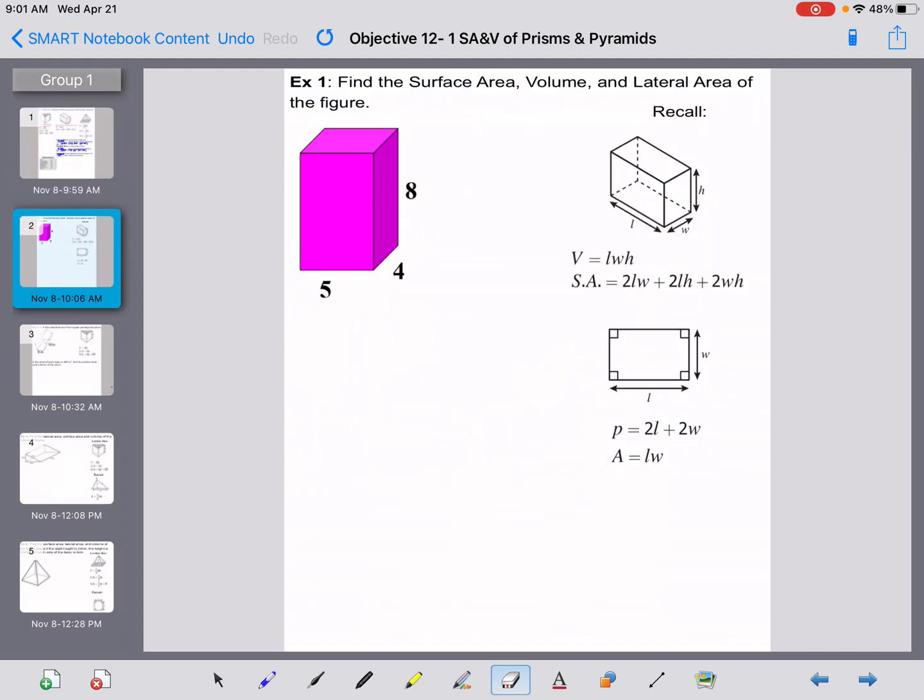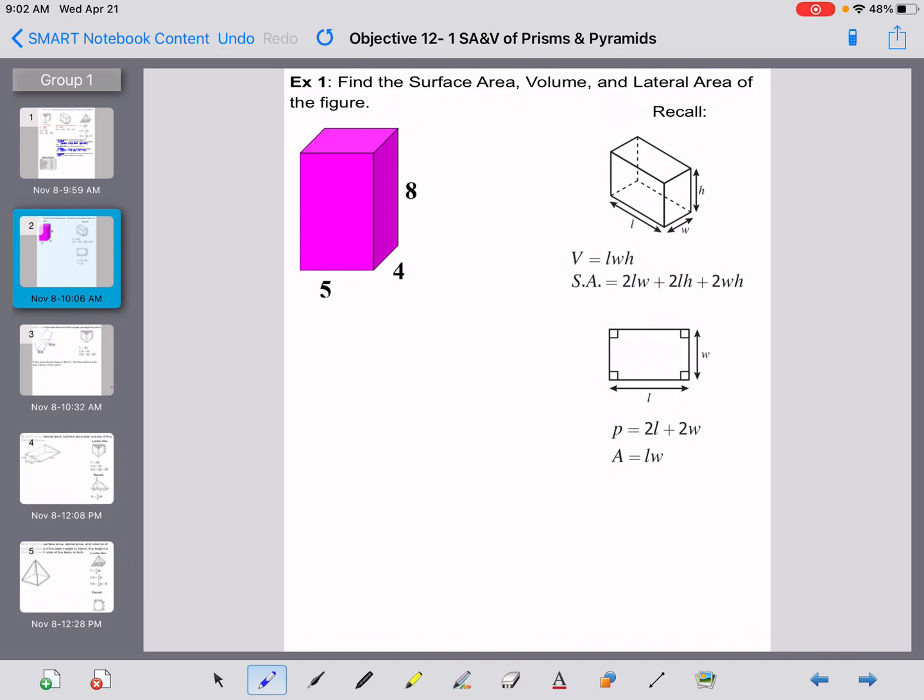So let's just get started with doing some problems, and then as we go into that, I think you'll see how to work these things. So here's my shape. It's a rectangular prism, and then I matched up my formulas and shapes with this prism so I can find all the things that I need. So it looks like I'm going to need the length, the width, and the height.